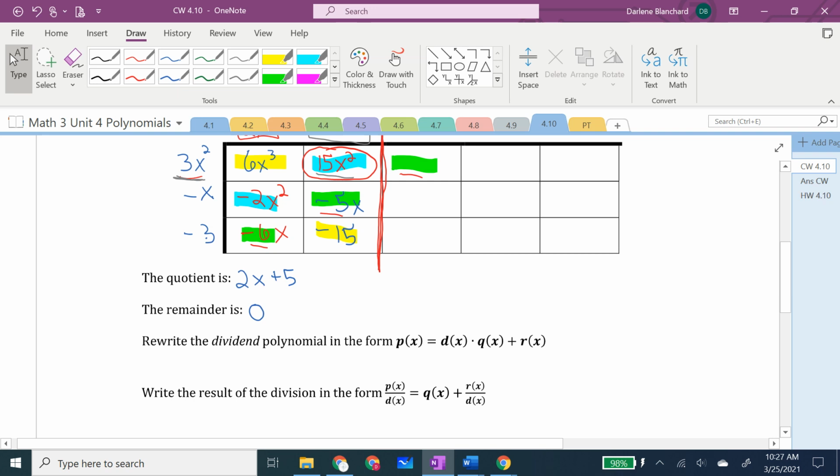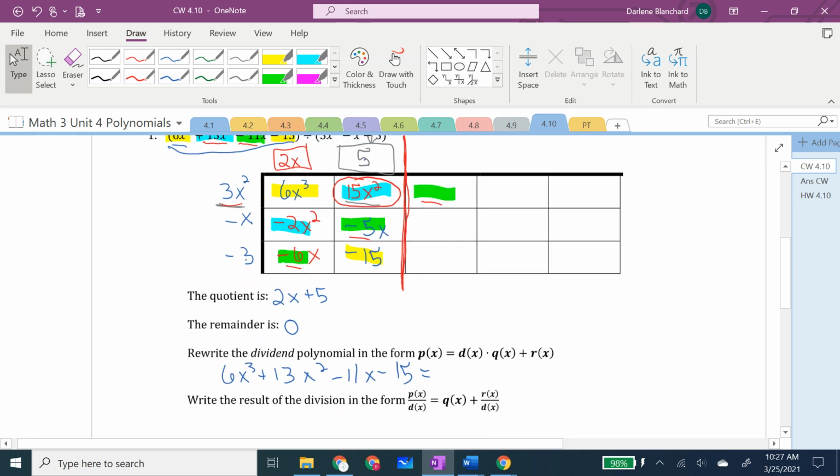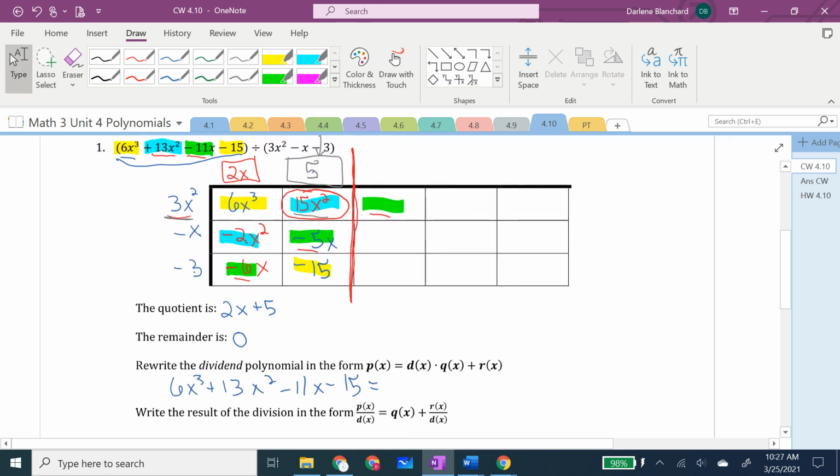Either you're rewriting the polynomial that you began with, and the polynomial we begin with is 6x cubed plus 13x squared minus 11x minus 15. Either we take the division and use it to rewrite the polynomial, or we write the answer to the division, which is what the second part is saying.